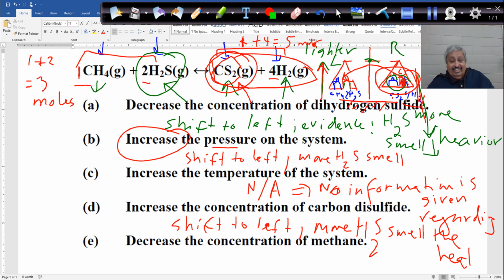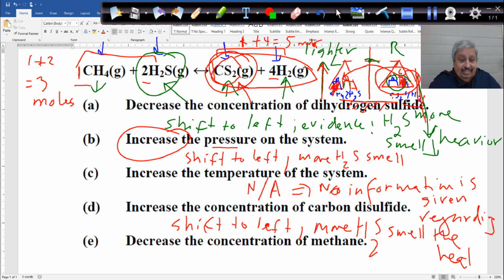So, decrease the concentration of methane. If I'm removing methane from here, where will the shift be?